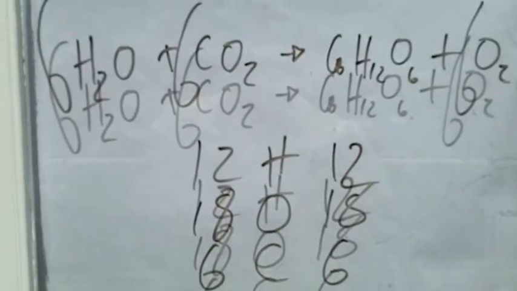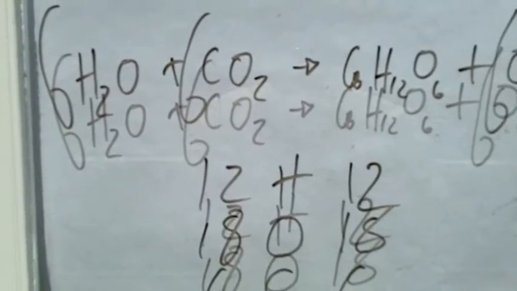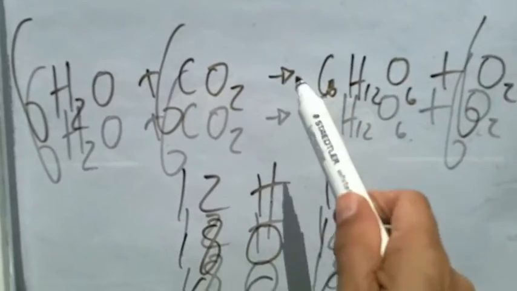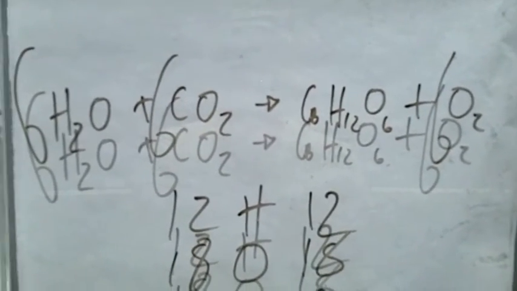And that's it. And that is our photosynthesis equation. 6 waters, 6 carbon dioxides gives us a total of 1 carbohydrate unit and 6 oxygens. This is our mass.